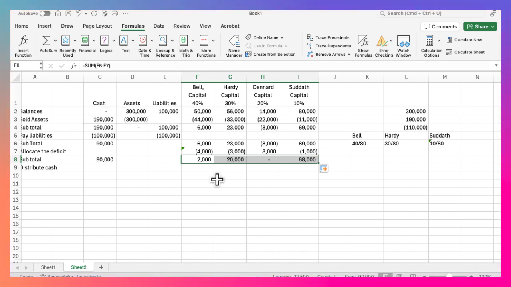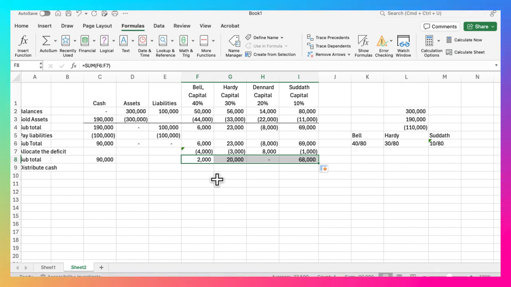So the question originally asked us, how much does Bell get? Well, Bell only gets $2,000 in cash. That's all he would have available to pay his creditor. Hardy gets $20,000 in cash, and Sadath gets $68,000 in cash.